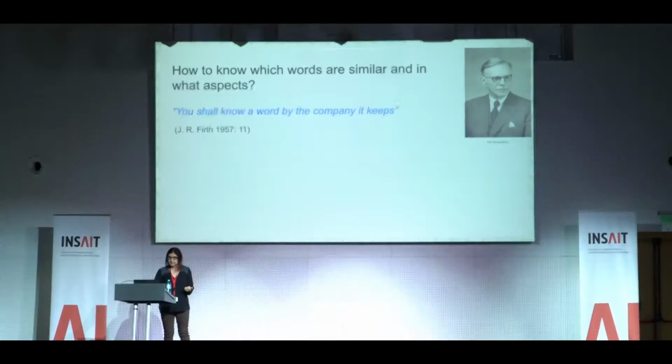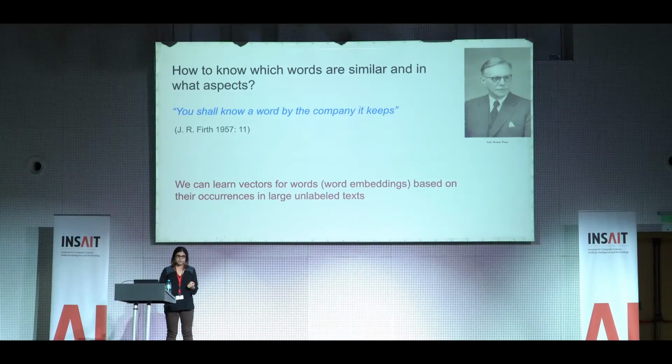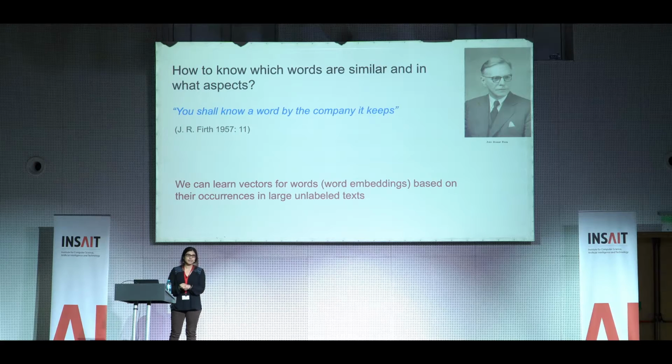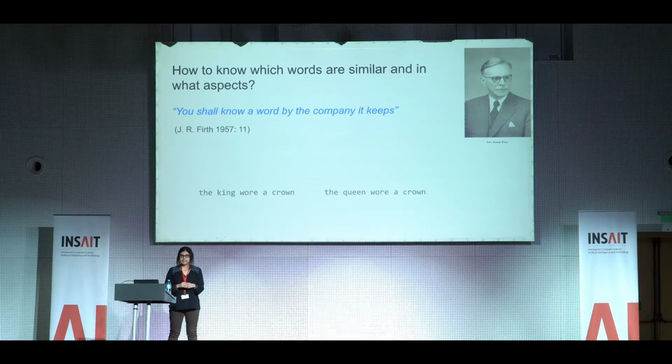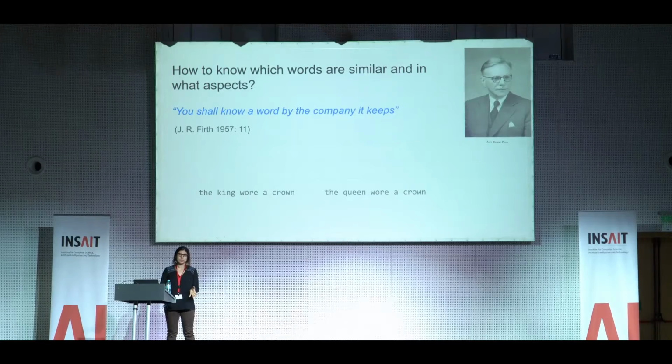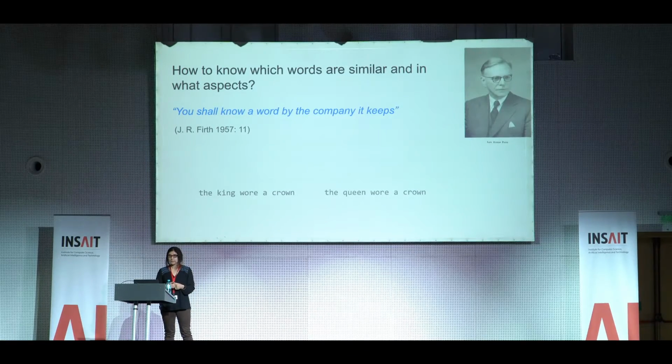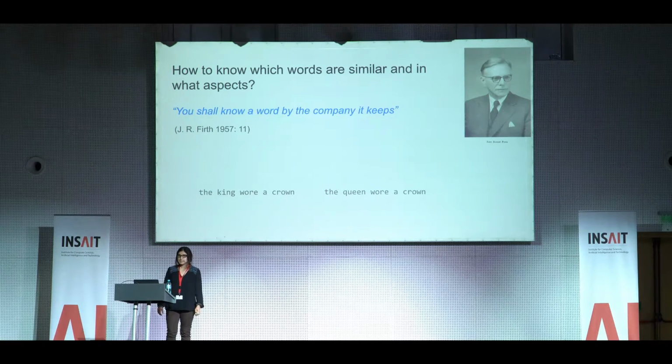And this insight has led to the idea to start learning vectors for words based on their occurrences in unlabeled text, for example, web articles or books. As an example, for both king and queen, we can see a phrase like this, in which both of them appear in the same context, which can help us learn that those two words are similar.